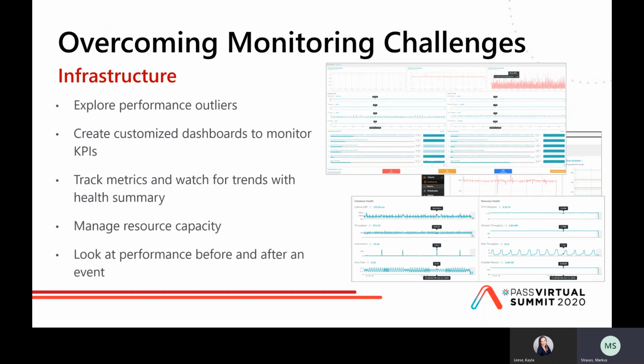So the ability, especially during the initial migration phase, to monitor and compare what we used to have, or even, let's not go to migration from on-prem, but migration from a more traditional instance on a VM, whether that's an EC2, an Azure VM or a Google VM, to a database as a service, there are still going to be performance differences, quite naturally.